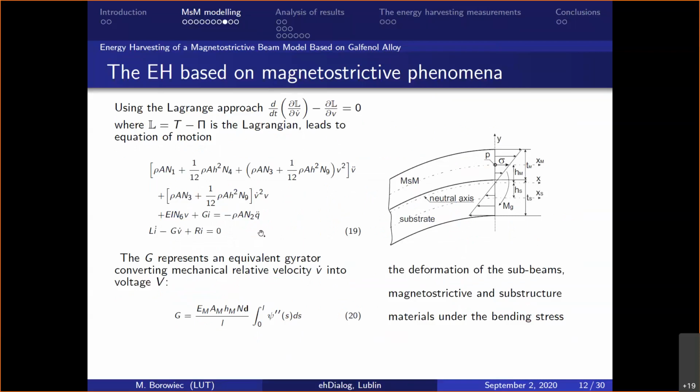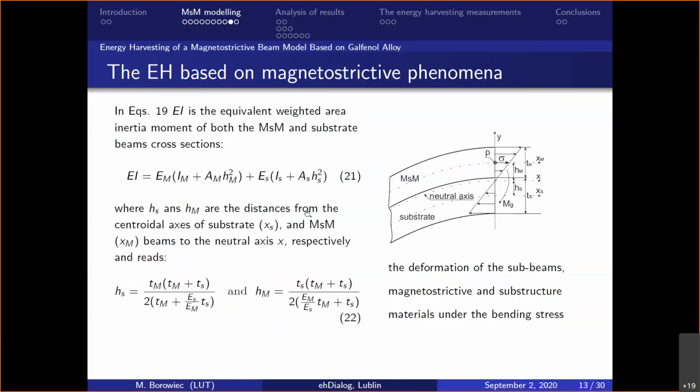And we of course have to introduce some relation to the Young modulus and the moment of inertia, because we have different distances. There is a neutral axis, one can see, and we have to have the properly calculated Young modulus, which is equivalent to the wedged area inertia moment of both the magnetostrictive and substrate beams, and it depends on these distances HS and HM, which are shown here.